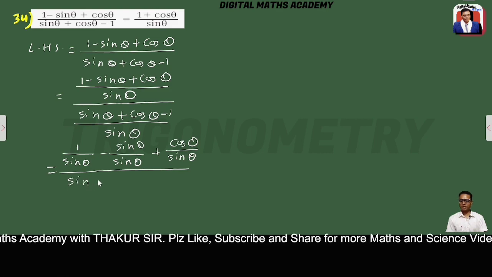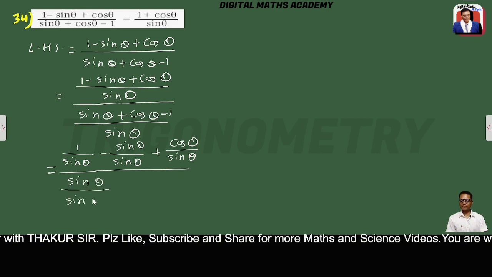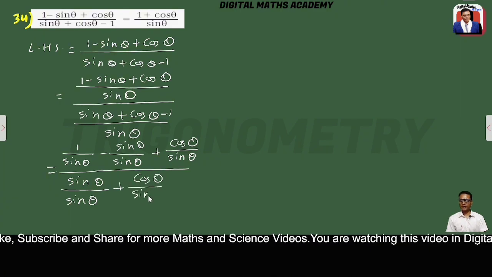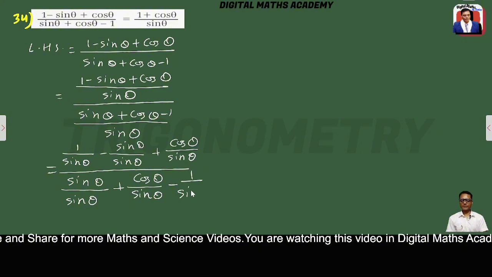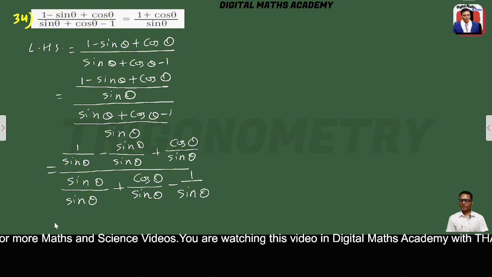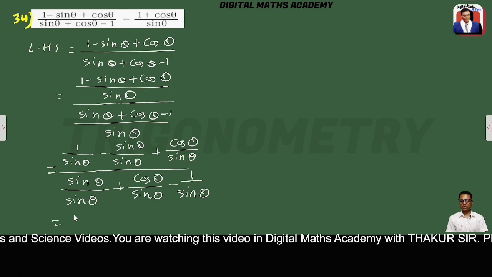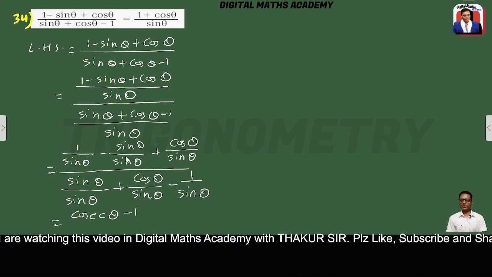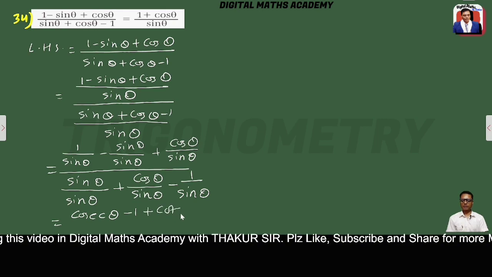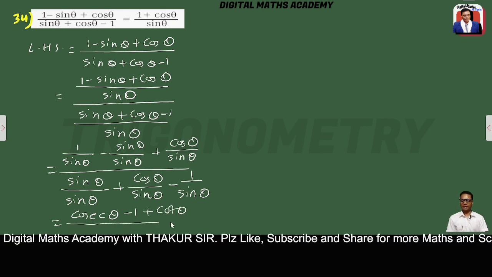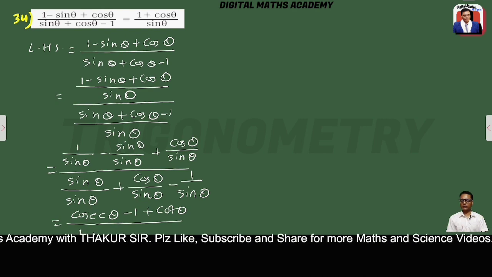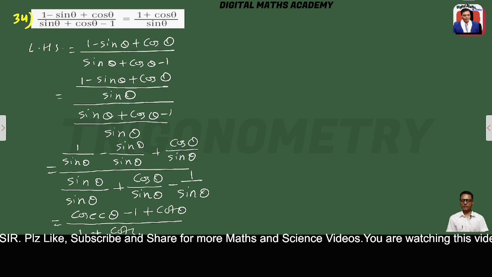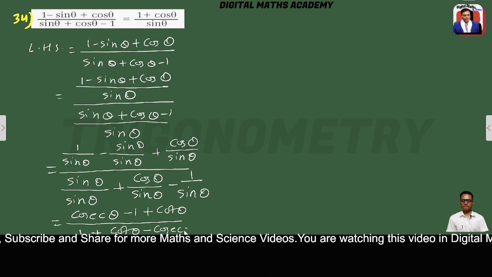Actually we can write here sine theta by sine theta plus cos theta by sine theta minus 1 by sine theta. So we are going to separate the base here. Now we can write here 1 by sine theta is cosec theta, and here minus 1 we can write, and then you can write here plus cot theta because cos by sine is cot, and at the denominator we write here sine by sine means 1 plus cos by sine, we can write here cot, yes, cot theta, and minus cosec theta.